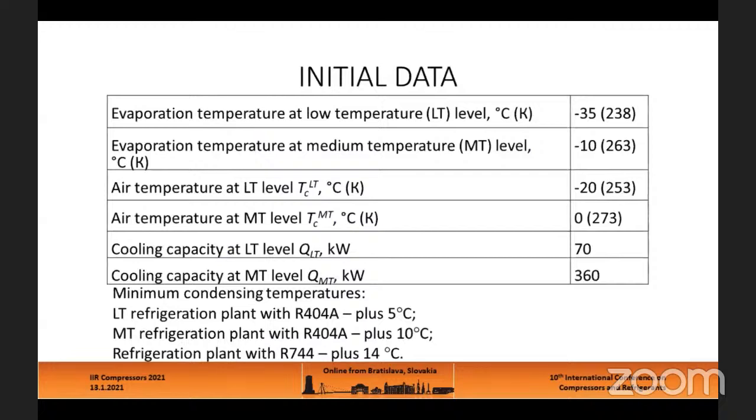Initial data is shown on this slide. The values of refrigeration capacity, like 70 kilowatts for low temperature level and 360 kilowatts for medium temperature level, are taken from an existing hypermarket. Minimum condensing temperatures are taken from manufacturers.